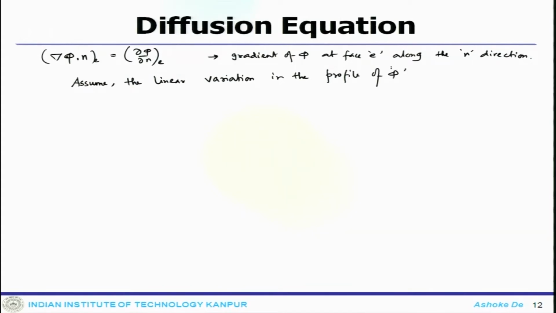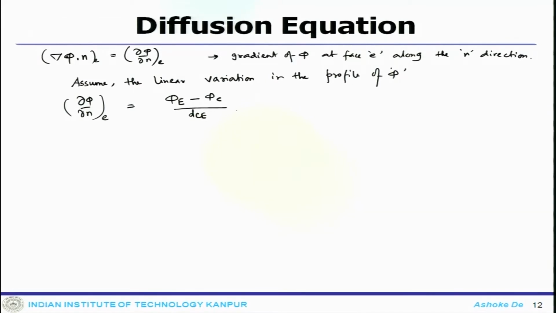If you assume a linear variation of the profile, then you can get del phi by del n at surface E as phi E minus phi C divided by d C E. Okay.